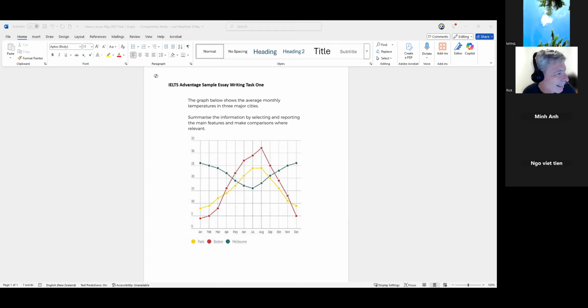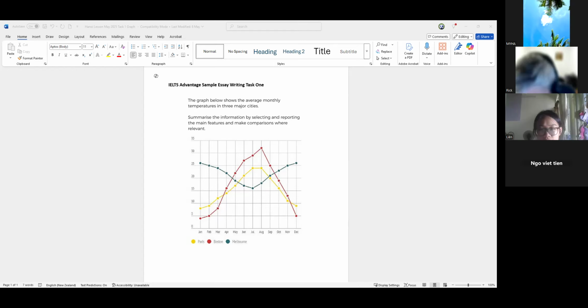It can be clearly seen that Boston has the biggest range of temperatures. Just shadow what I say, Ming Ang. It can be clearly seen. Boston has the biggest range of temperatures.